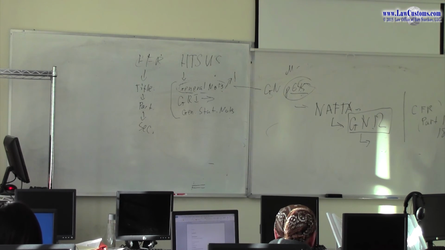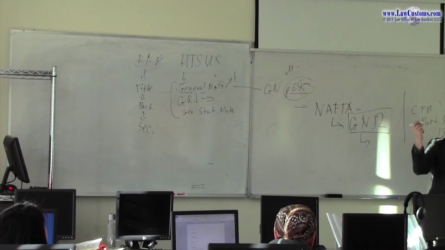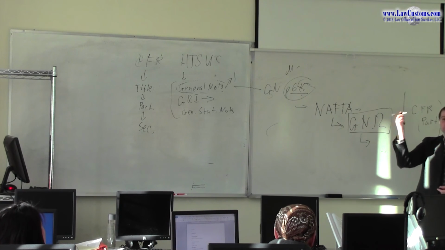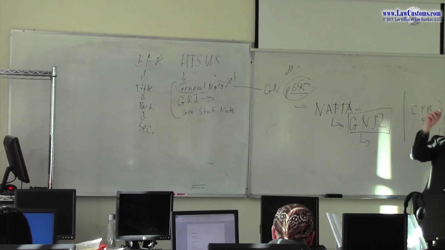I think it's 10. But if you want to know whether this product qualifies for NAFTA, then you need to look at General Note 12 for provisions for tariff shift, to assign a number.